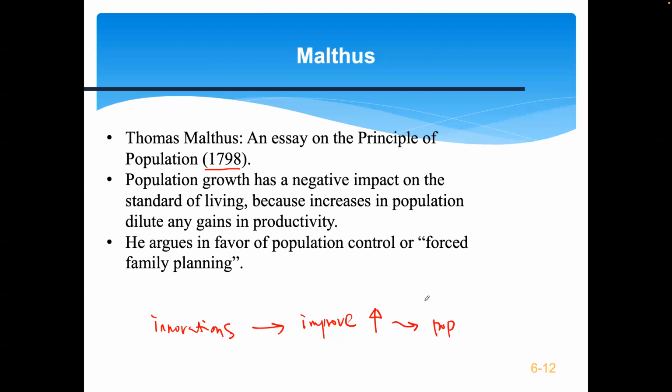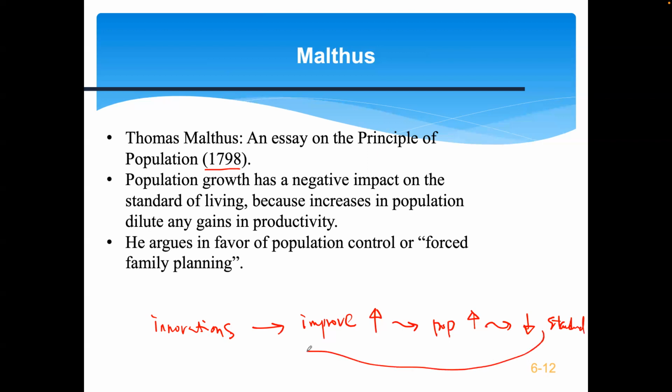Now it goes to an interesting part. The population growth, as he argued, is going to have a negative impact on the standard of living. Why? Because now you're going to have more people sharing limited resources, such as food and land.